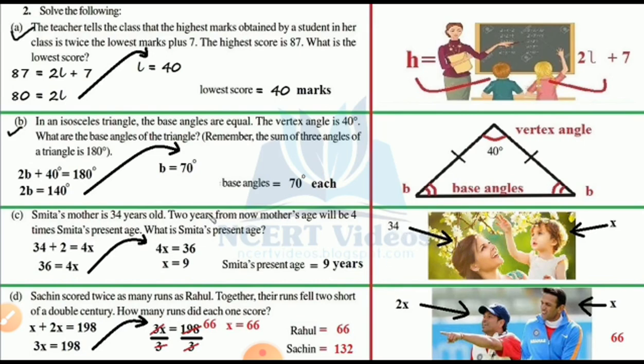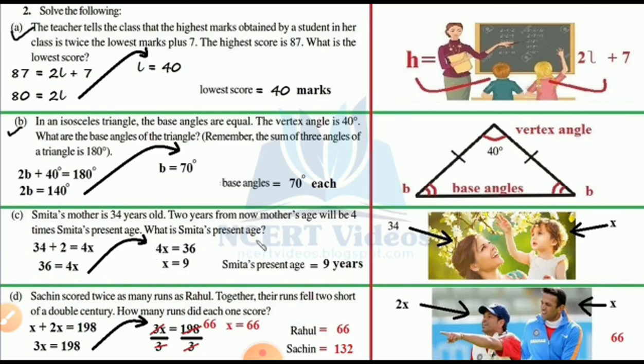Smita's mother is 34 years old. 2 years from now, mother's age will be 4 times Smita's present age. What is Smita's present age? Very good question. Suppose whose age we can think, x or a variable?